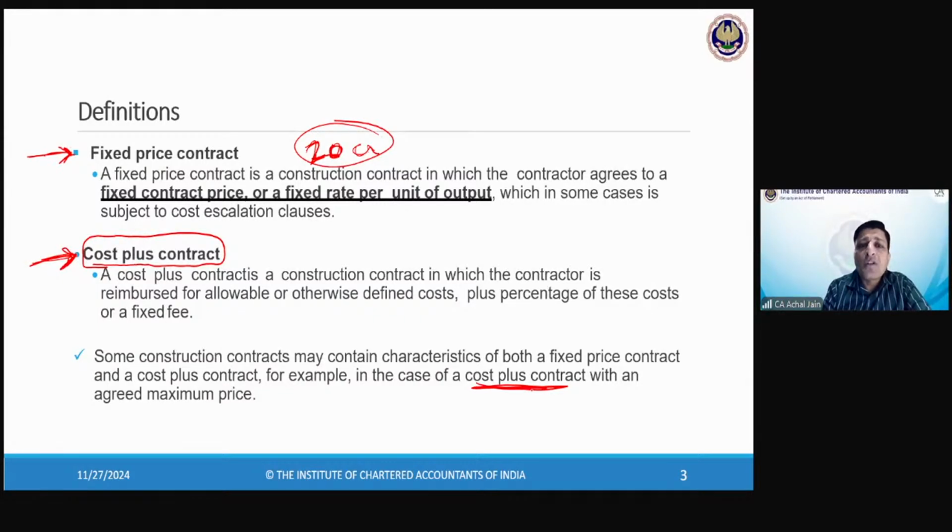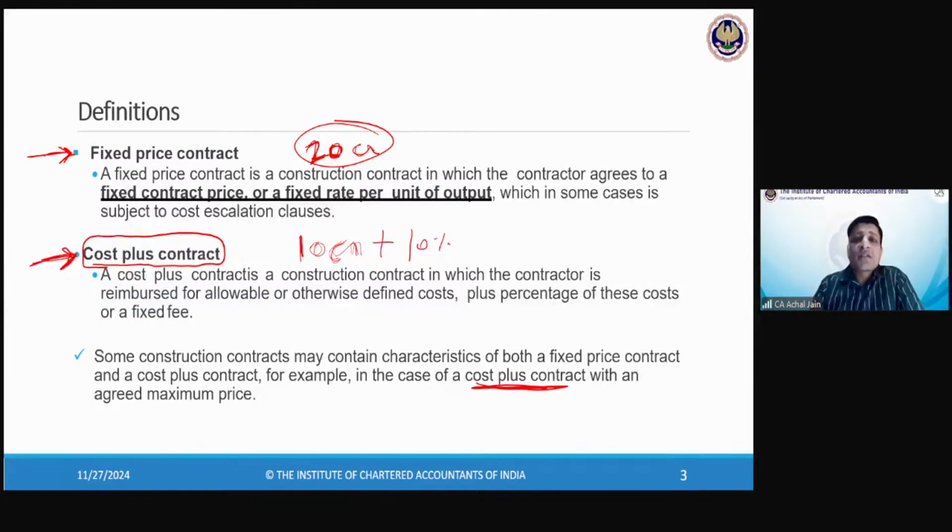Now, how does this markup work? Say, for example, the contractor believes that the cost incurred will be 10 crore. Let's suppose the cost will be 10 crore. On this cost, let's suppose the contractor has agreed a margin of 10%.